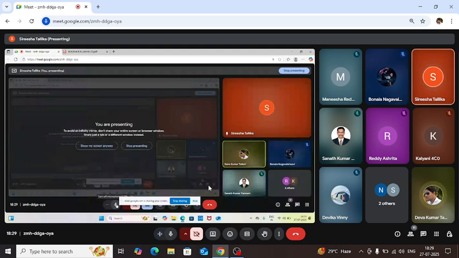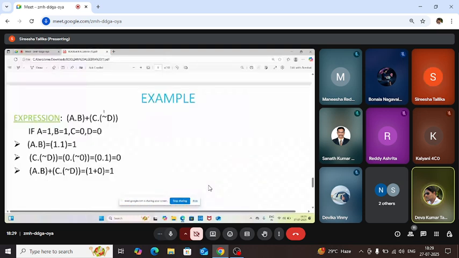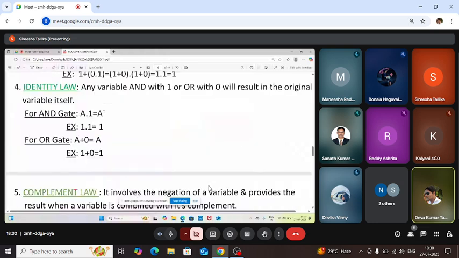You prepared the PPT well and you covered the whole Boolean algebra laws and everything. I will highlight a few points. You mentioned one is the inversion law, another is the complement law, and you explained the clear difference. Involution indicates that if you take a variable and complement it again, the double complement becomes the same.